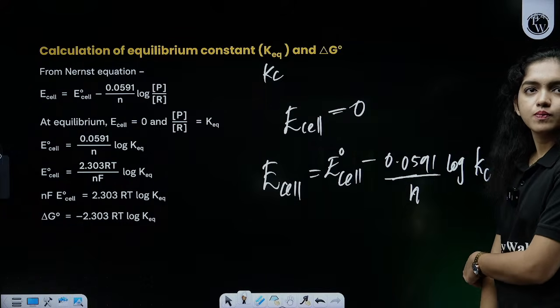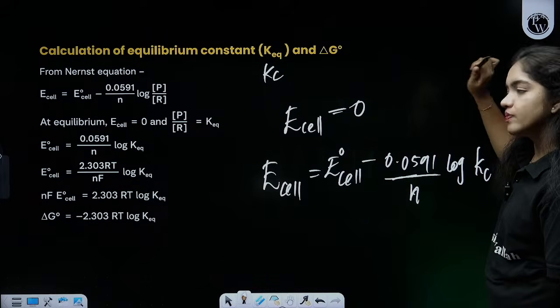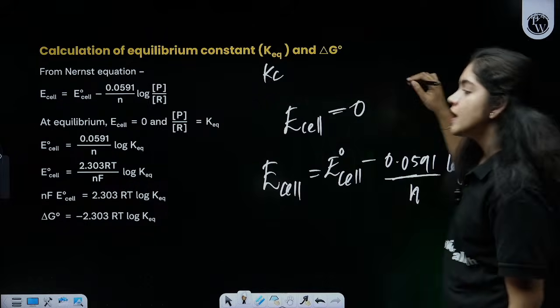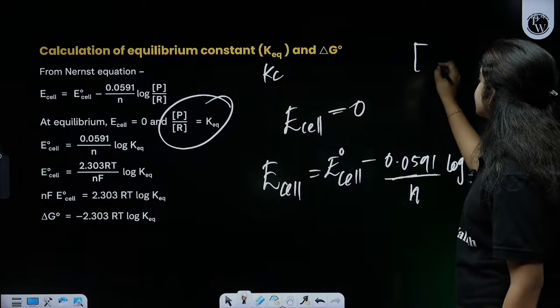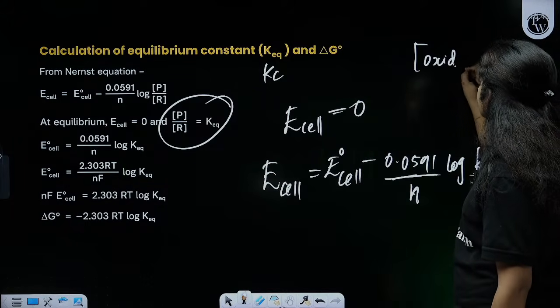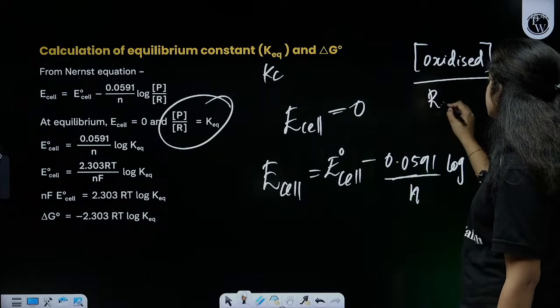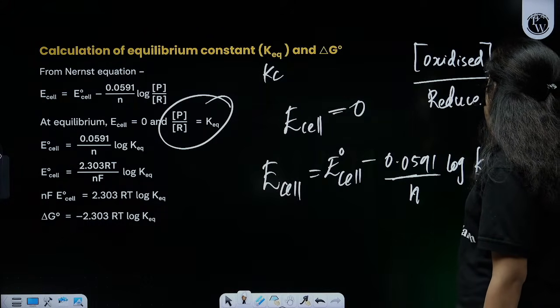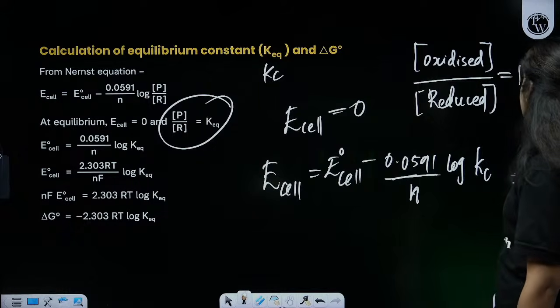At equilibrium, oxidized by reduced will be equal to Kc.